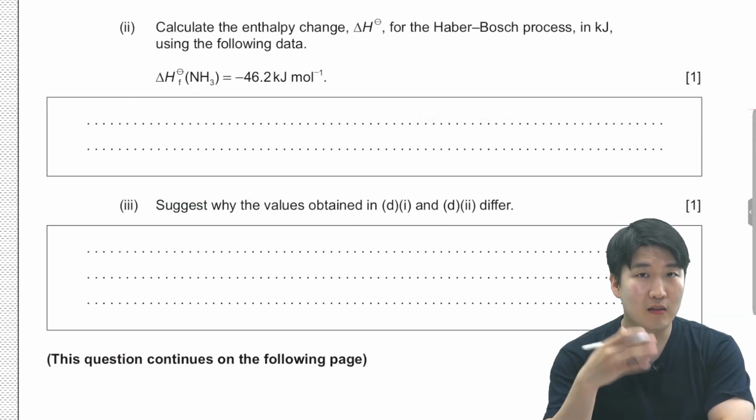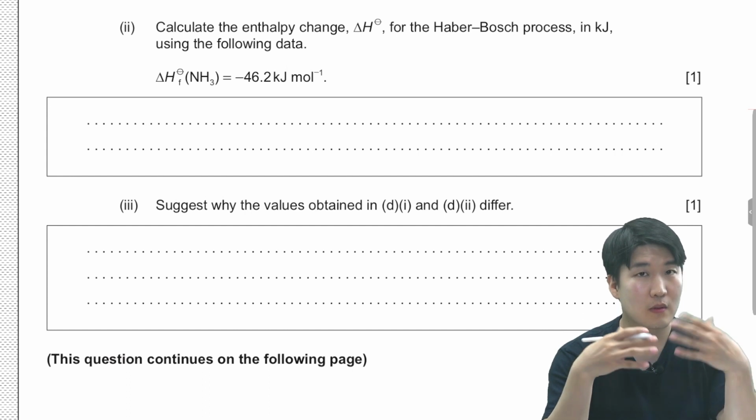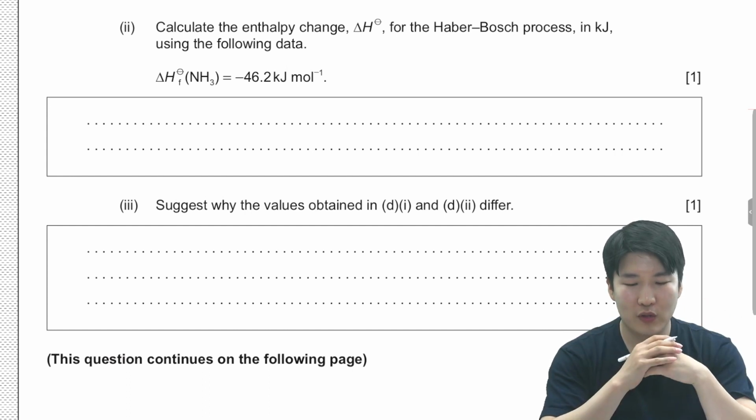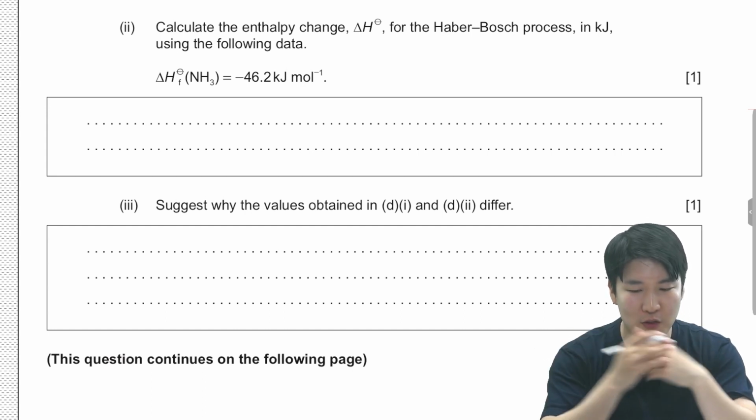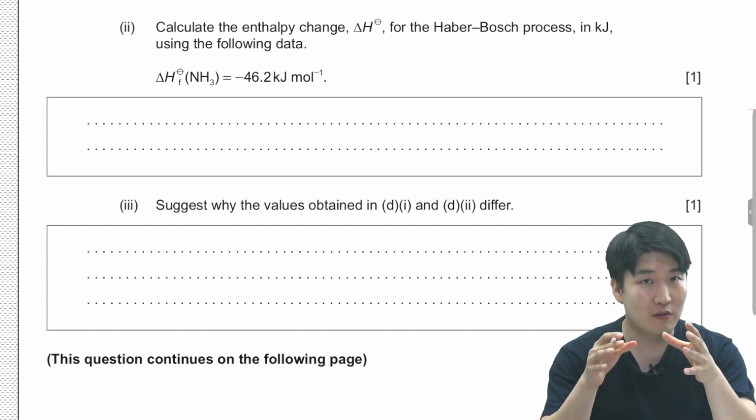To work out delta H value from Hess cycle of delta HF, standard enthalpy change of formation values, we have to set up the Hess cycle first.